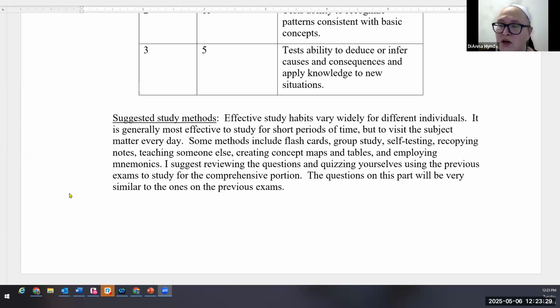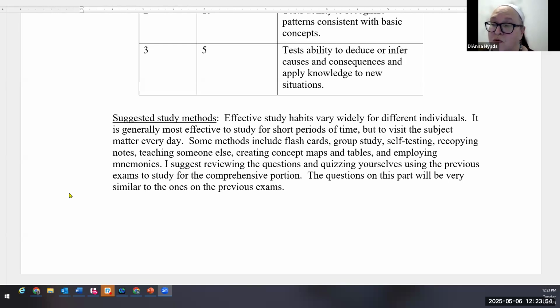For knowledge-based questions, things like flashcards work well. Self-testing always works well, so I suggest you use the first 3 exams to test yourself. Recopying your notes works really well because it uses both declarative and procedural memory, and those two types of memory reinforce each other.